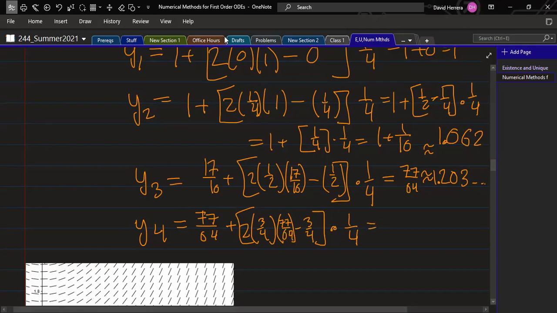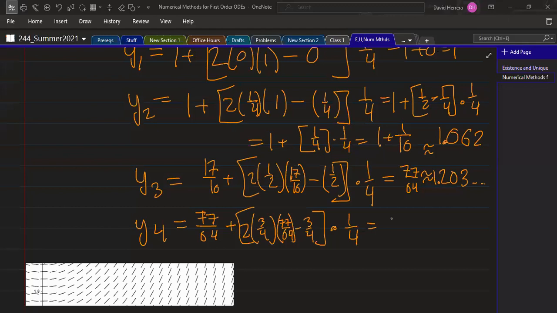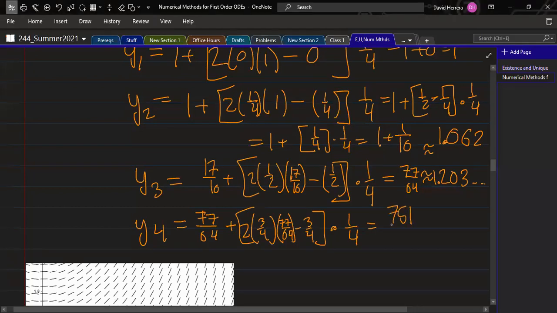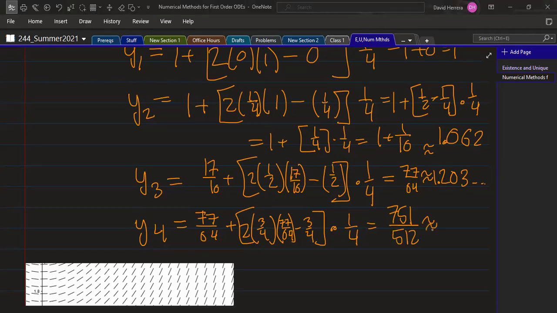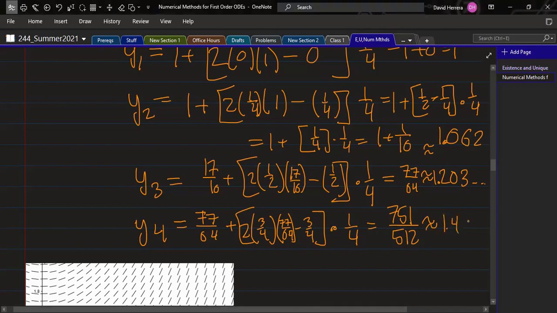And I'm going to calculate that. And what you see is that this is equal to 751/512, which is about 1.4668. So let's just say 1.467.